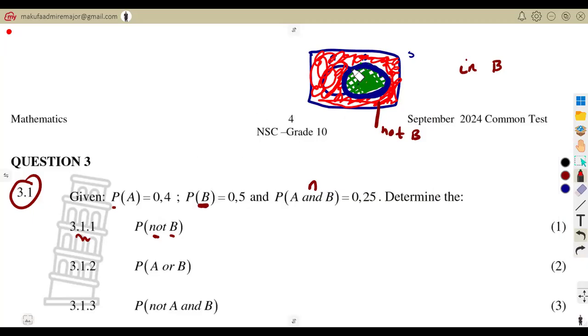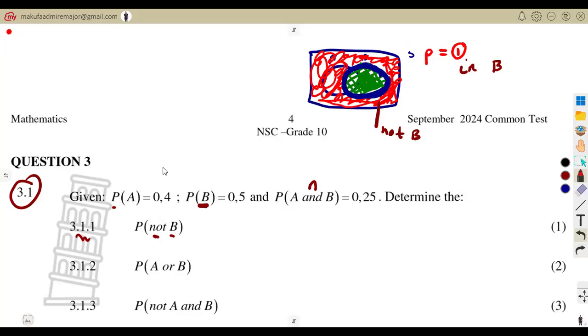In your probability, when you occupy a sample space, what is it that you understand? When the sample space is being occupied, that is where we talk of a probability being equal to 1.